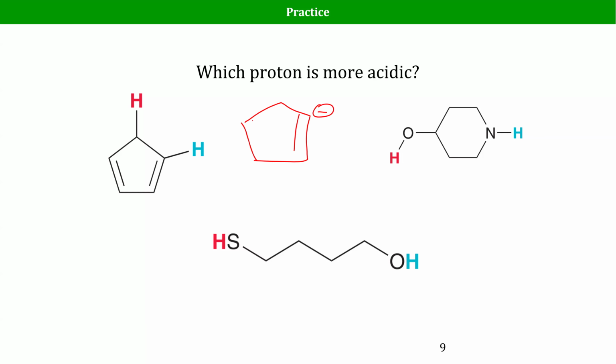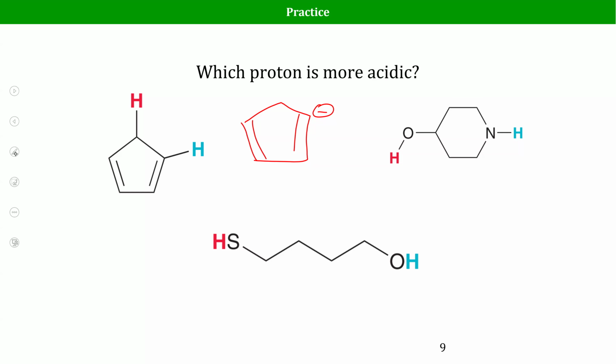We'd have a negative there. Are there any stable resonance structures? No, because this carbon already has a double bond, right? So even though it gets a lone pair now, that lone pair can't do anything. So then the red, because then it can go back and forth.